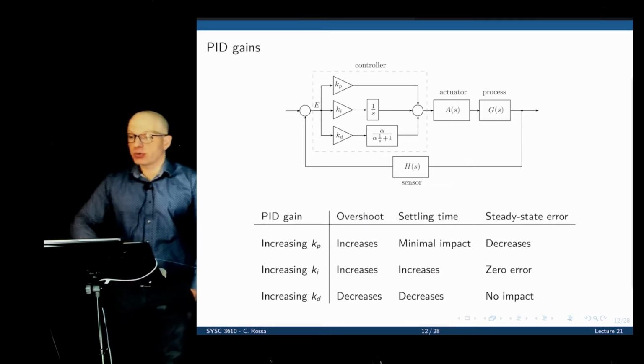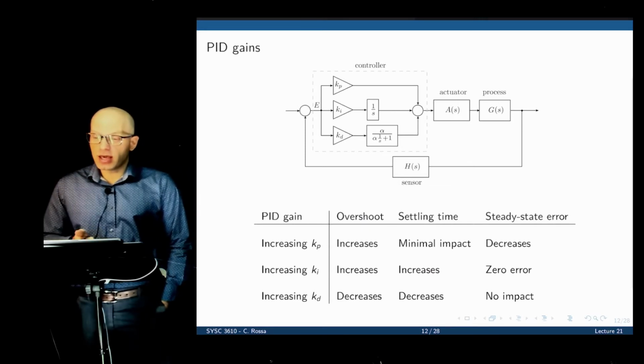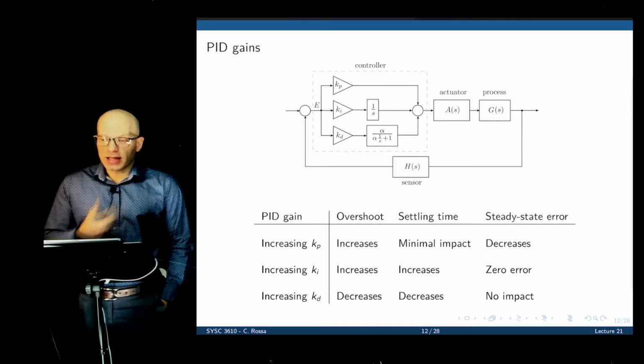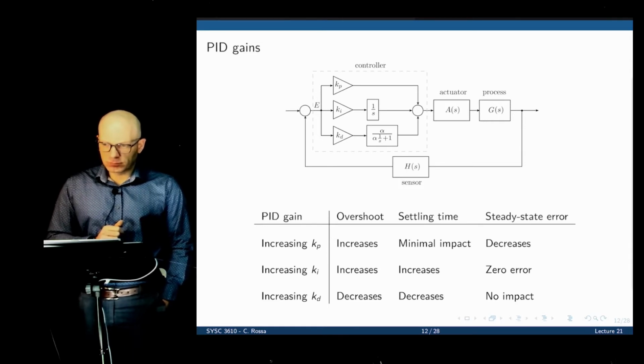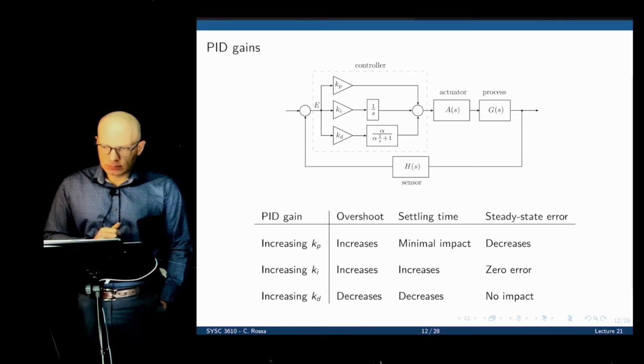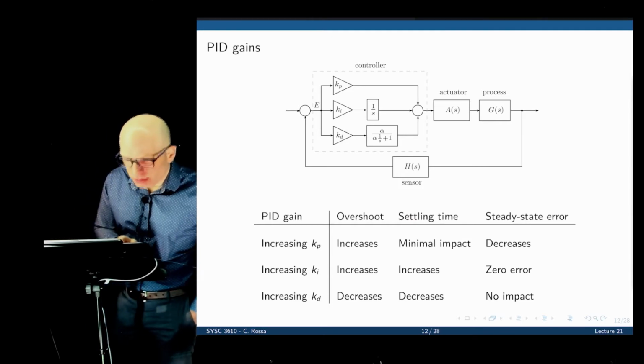You now need to find the right balance between Kp, Ki, and Kd, and that's not very trivial. And we'll see that in the next lecture, how we can tune these gains. Any questions here? No?